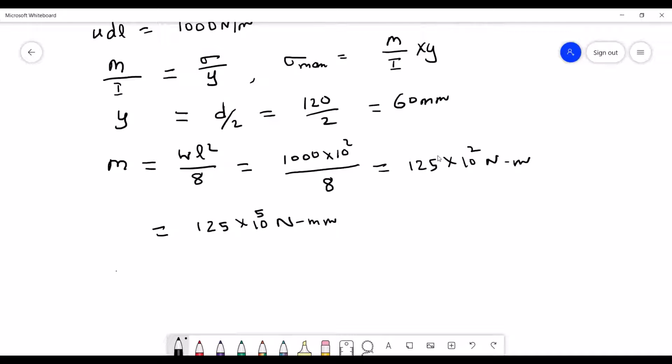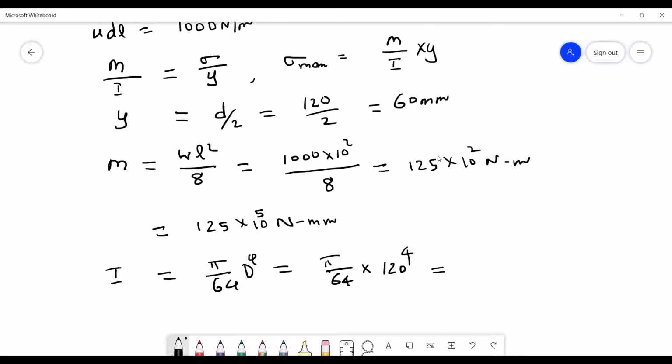Now we have to find the moment of inertia I. Here it is pi by 64 d raised to 4, where d is 120, so 120 raised to 4.